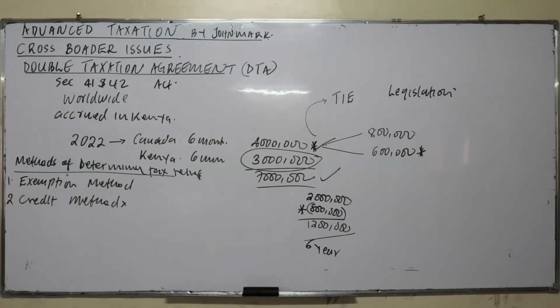Can you write this? The credit is only granted only if the tax paid in the foreign country is lower than the tax that would have been paid in Kenya on the same income.